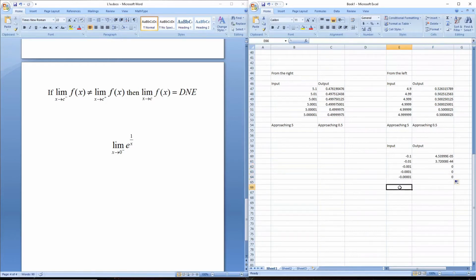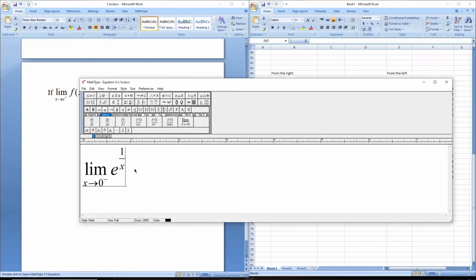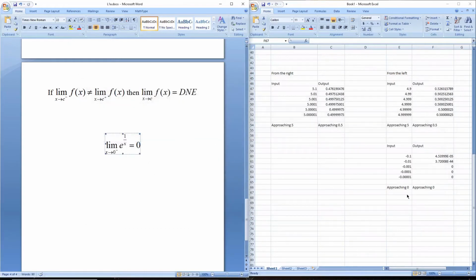But we can see that we are approaching 0 from the left, because we chose that. And then we observe that the output is approaching 0. So by our table, we would say this answer is 0.